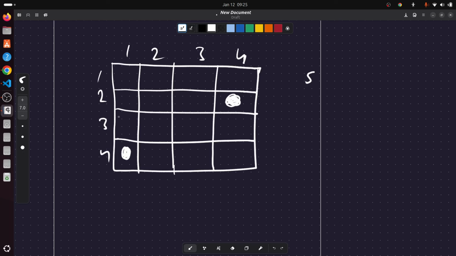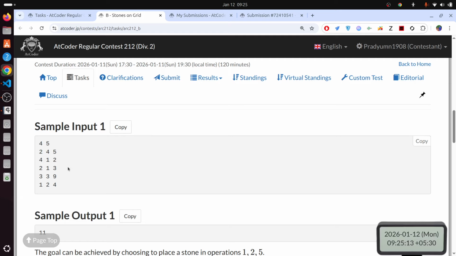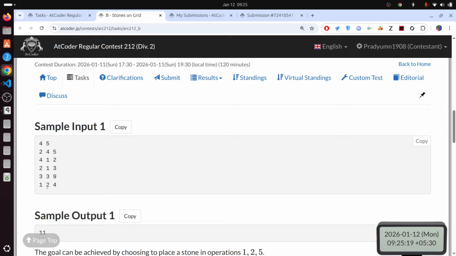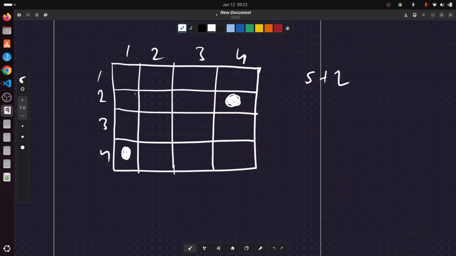Then okay, my current cost is 5 plus 2, by the way. This second stone costed me 2 coins. Then 3 3 9, so let's say I don't put a stone on this as well. Okay, and 1 2 4, let's say I put a stone on 1 comma 2, so here, right? So it will cost me 4 coins, right? So total cost is 11.